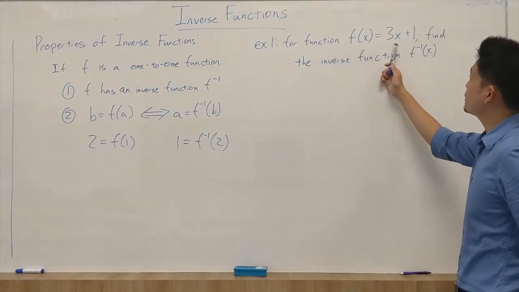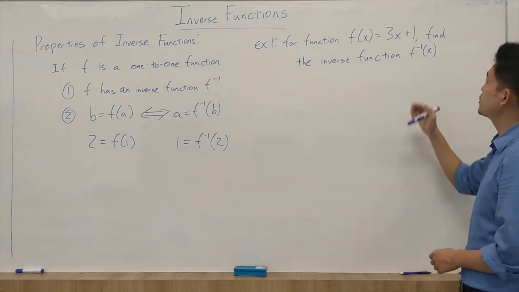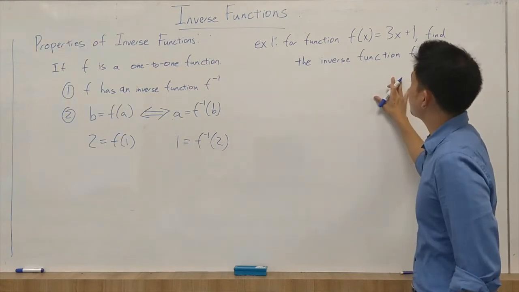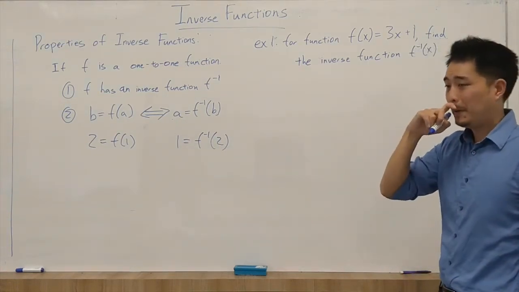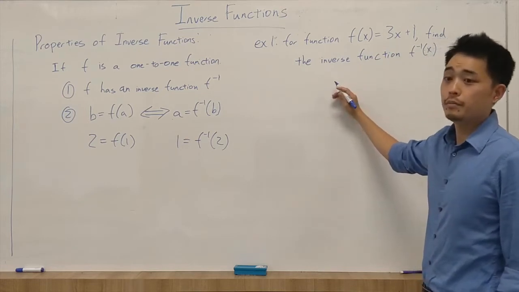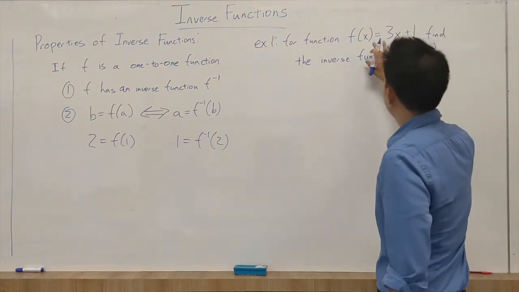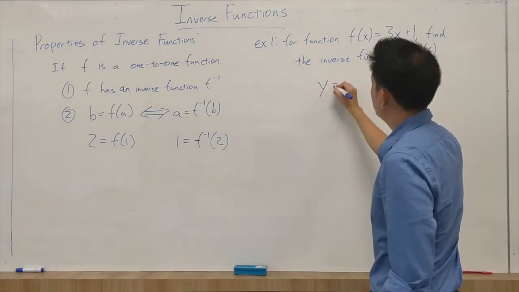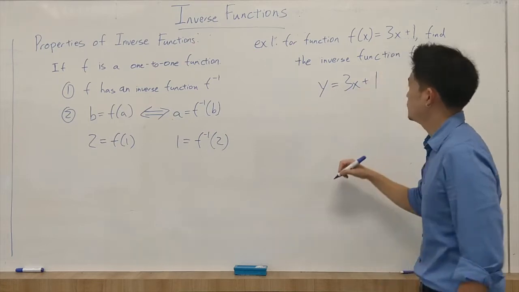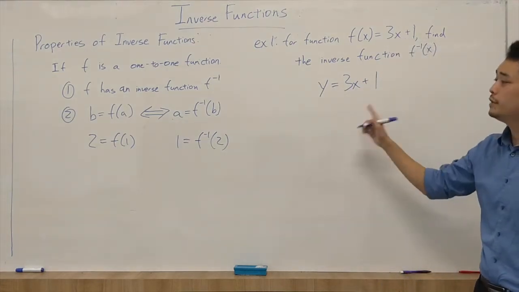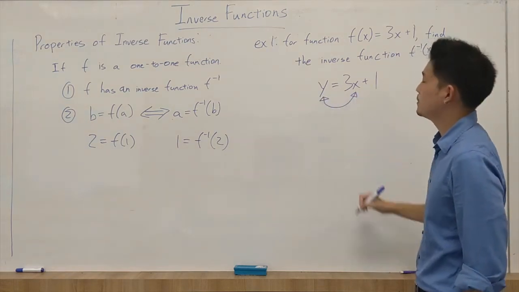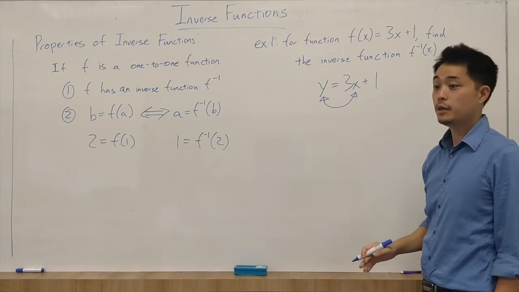Let's take a look at an example. For the function f of x equals 3x plus 1, find the inverse function f of negative 1 of x. So in this case, what we're going to try and find is a function in the same form using x, but we're going to flip it. What I mean by that is, let's turn this f of x into a y for now. y equals 3x plus 1. And to find the inverse function, I'm going to swap all of the x's and the y's and then solve for y again.